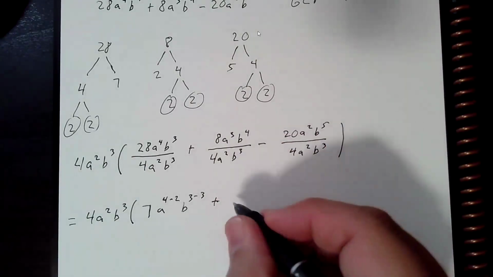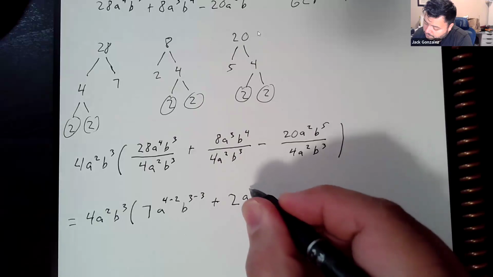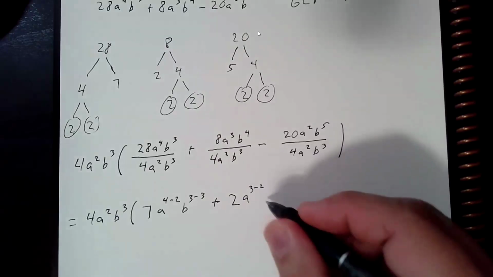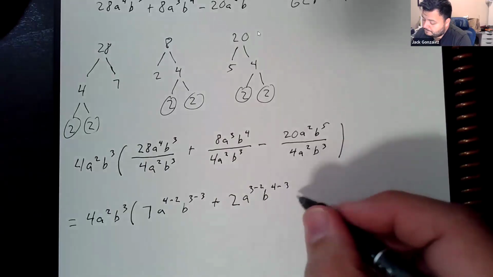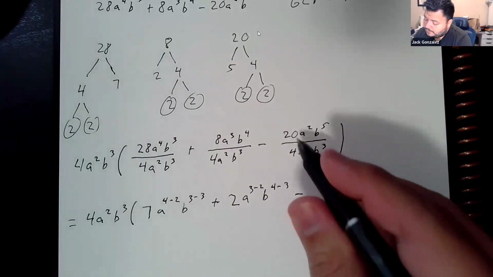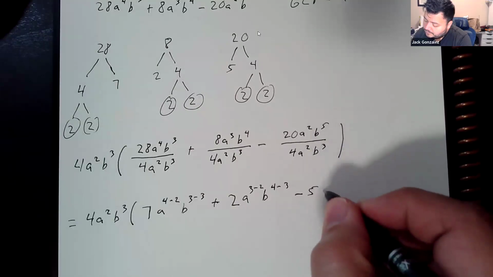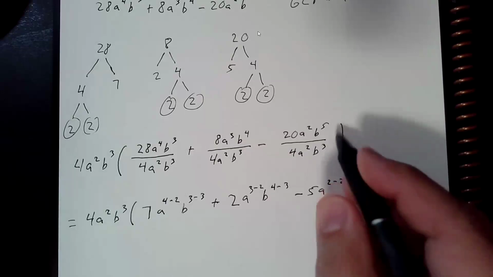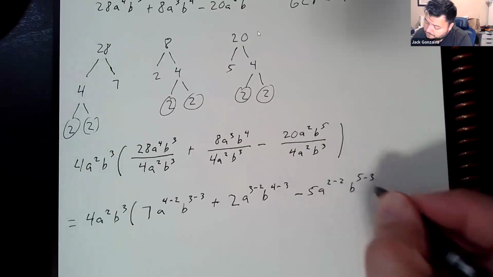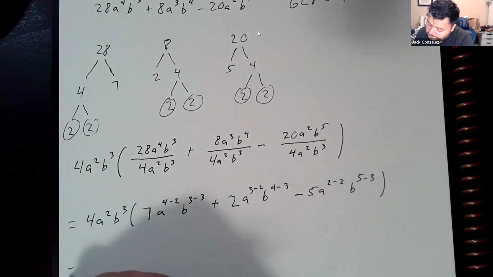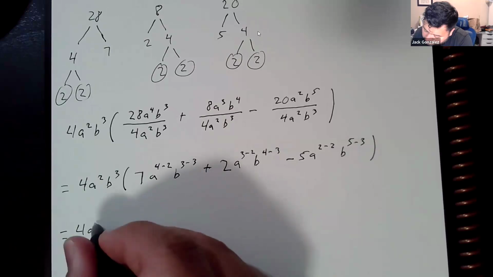8 divided by 4 is 2. A cubed minus 2. B to the 4 minus 3. 20 divided by 4 is 5. A squared, so that's going to be gone. B5, B3, right there. If you want to skip that in-between step, that's okay.